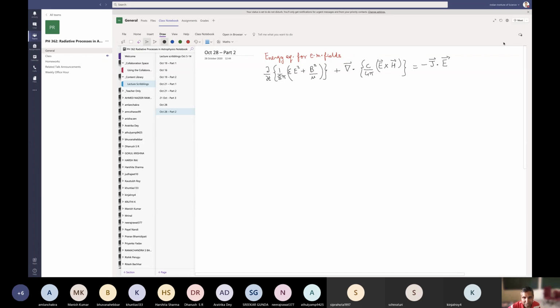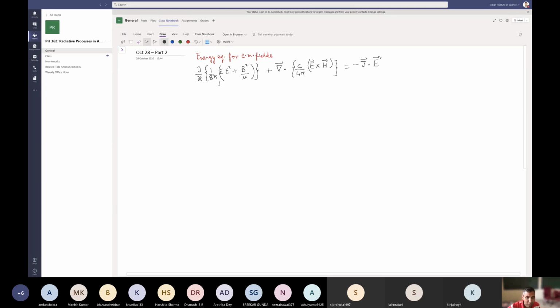I'm actually not deriving it because you have all done it if you have done an E&M course. So this is the energy density of EM fields, right? So energy per unit volume is given by this, and this is represented by U field.